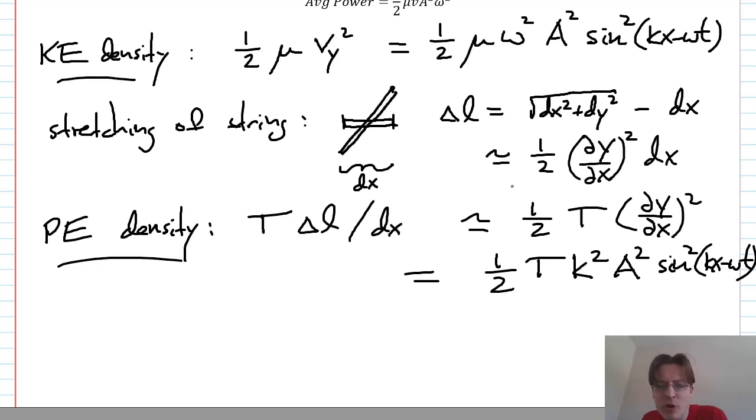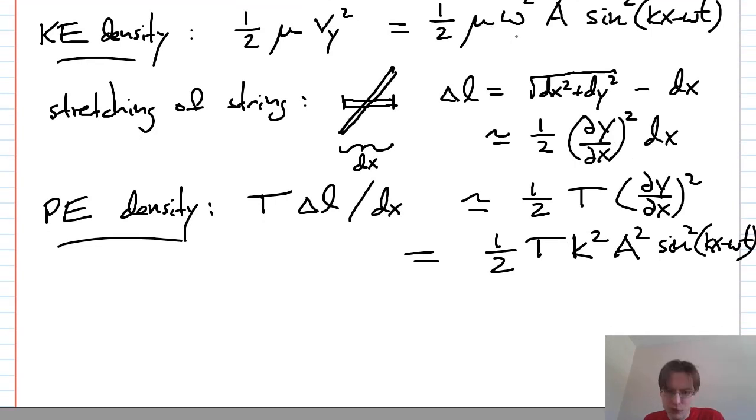However, what I first want to notice is mu times omega squared is actually equal to the tension times k squared. Why is that? Well, it's because tension over mu, isn't that just the square of the speed? But that's the same thing as omega over k. So you can check that mu times omega squared is really equal to the tension times k squared.